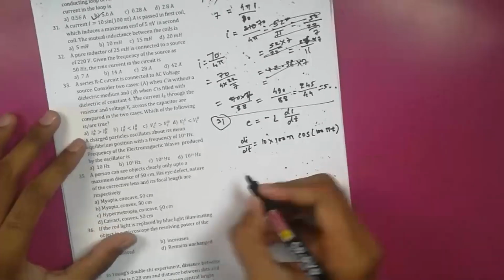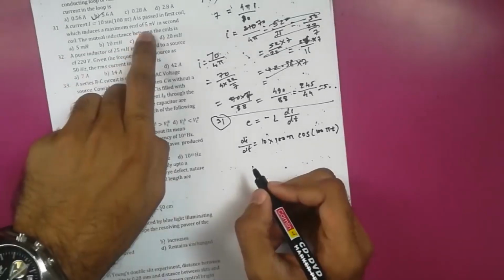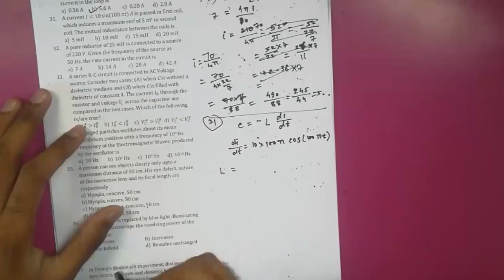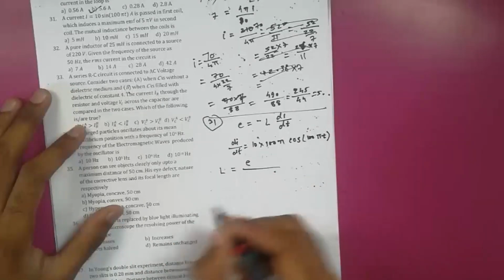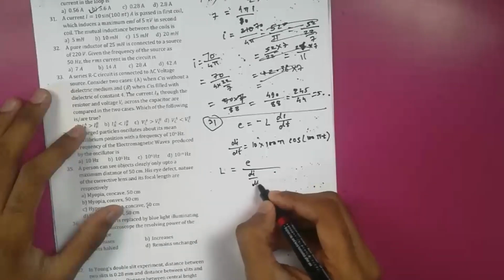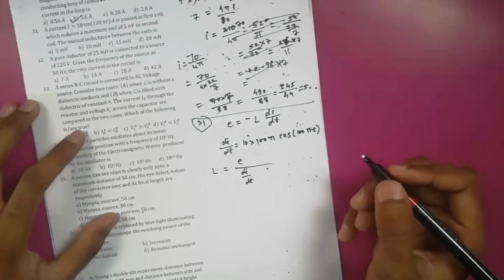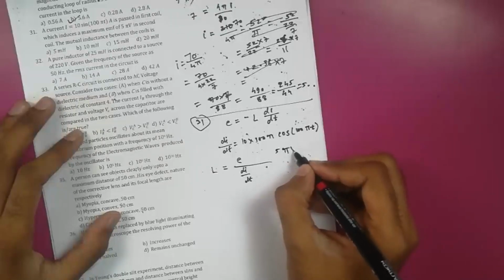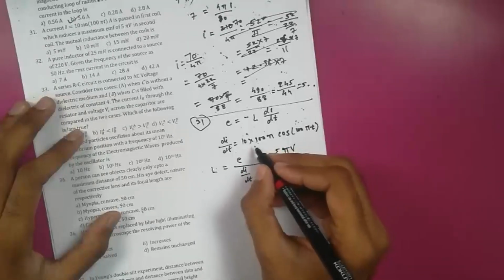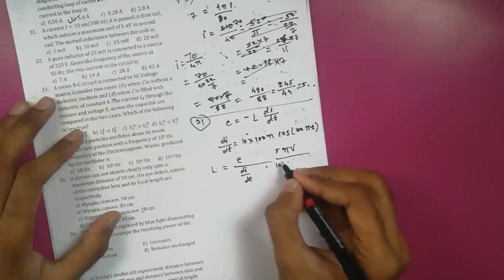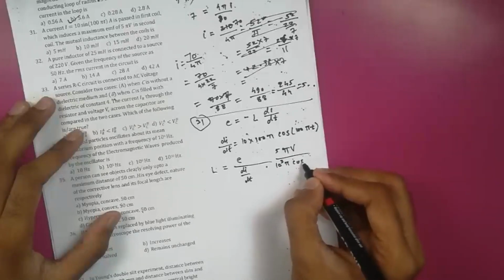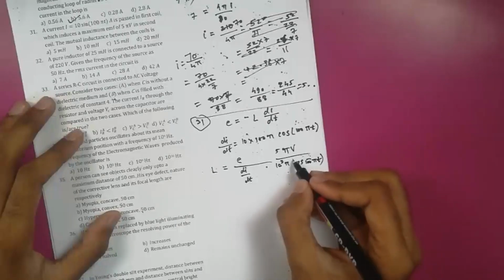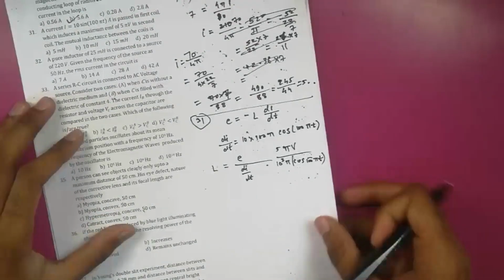Now because we know that the EMF is 5 pi V, we need to find the mutual induction, which is L equal to E upon di upon dt. So if you directly calculate, this is 5 pi V upon 1000 pi, which is 10 to the power 3 pi cos of 100 pi t. Alright, now how will you find the value of this one?